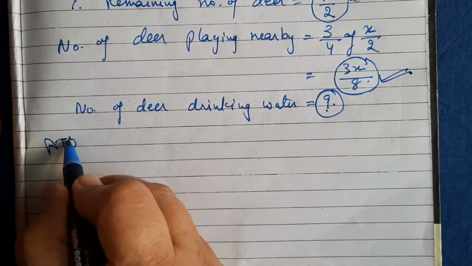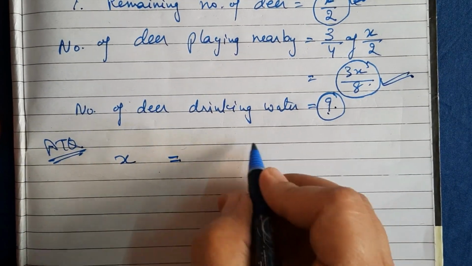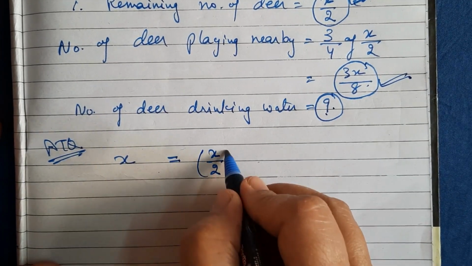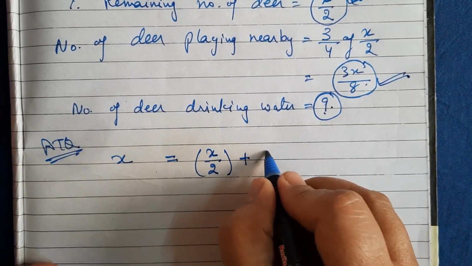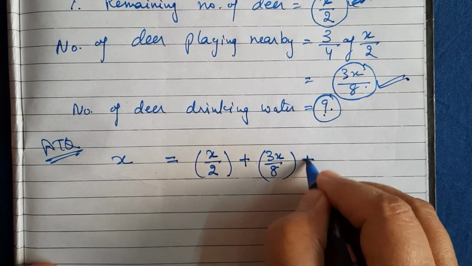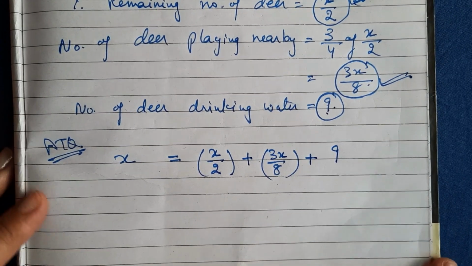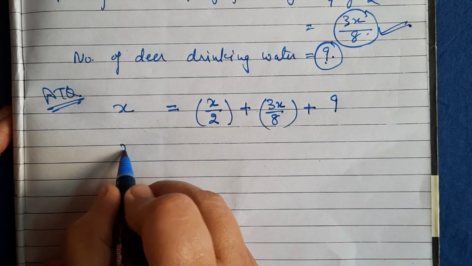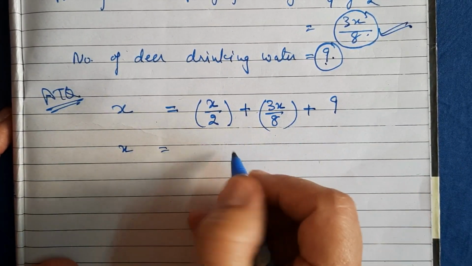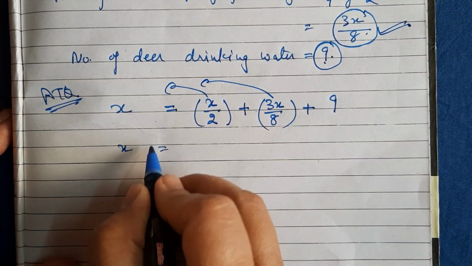So according to the question, x is the total number of deer, which is equal to the number of deer grazing in the field plus the number of deer playing nearby plus the number of deer drinking water. So x is equal to, we can shift both variable terms to the left hand side.